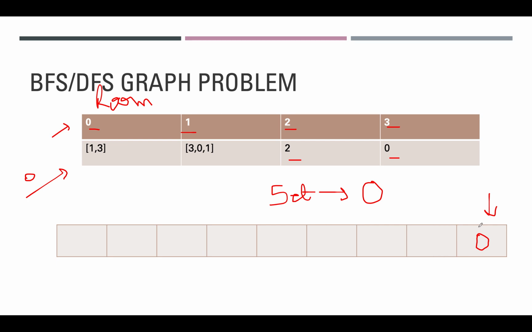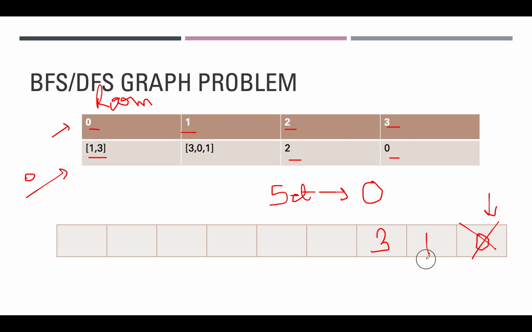Then we'll add elements corresponding to all its children. By children I mean 1 and 3. From 0 you can reach 1 and 3, so you'll add 1, 3 in the queue and remove this element. So this element got removed, and we move on to the next iteration.